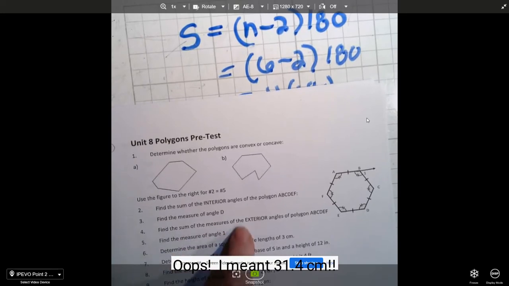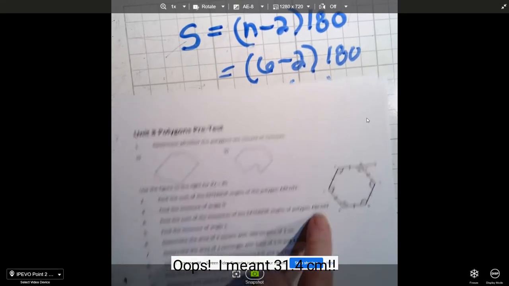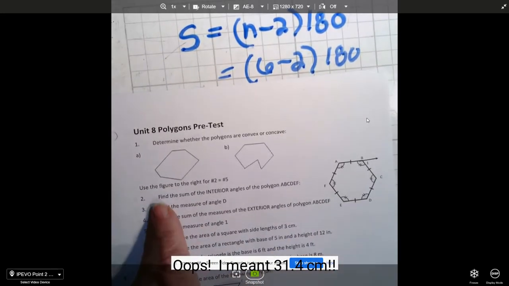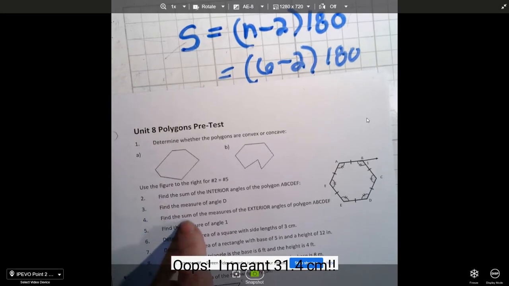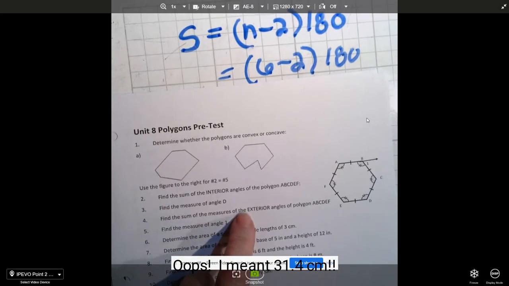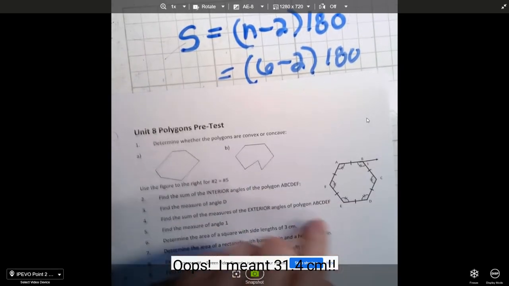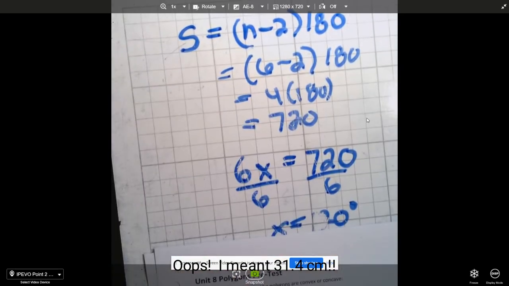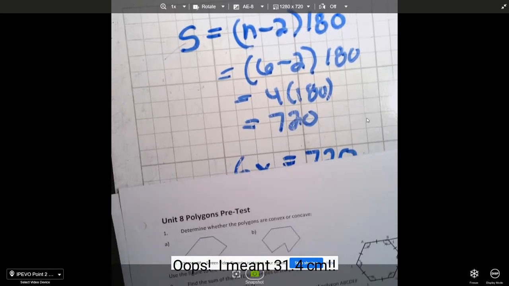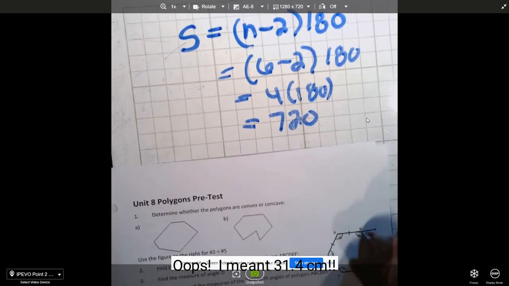Find the sum of the measures of the exterior angles of the polygon. Well, I like this question because it says find the sum of the measures. Well, if I remember from my notes, all of the exterior angles, and remember an exterior angle would look like, well, I guess I can draw it on here, would look like this. If I extended each one of these like I did here, this would be an exterior angle, right?